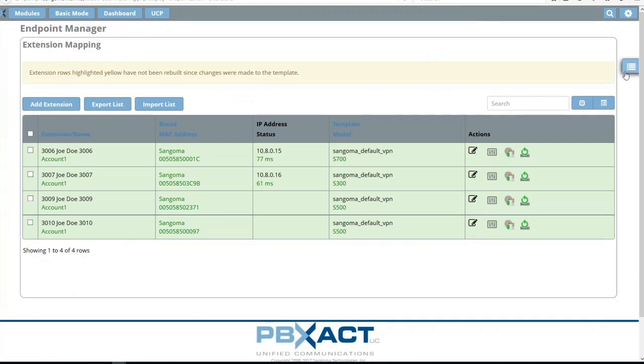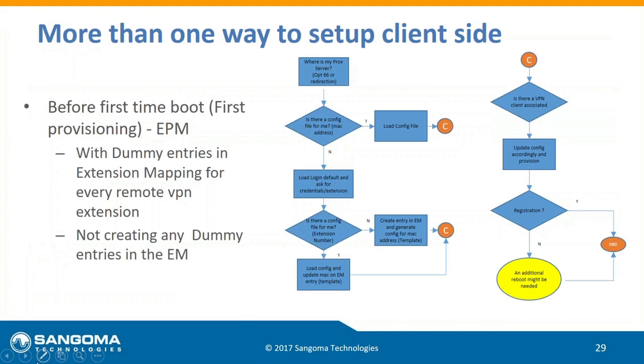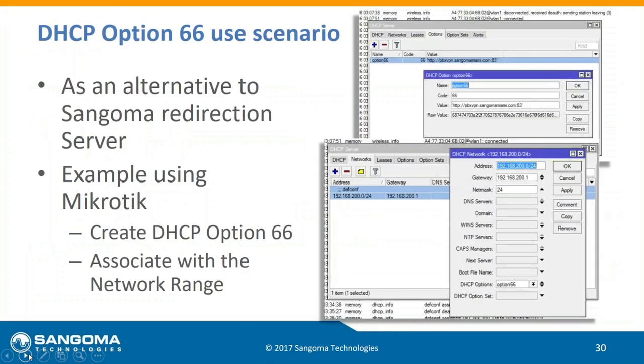Okay, while it finishes, let me go back to the... In case you don't know, but most of you, I'm pretty sure, know how to do it, I just put an example of how to do the option 66 configuration in a MikroTik. Yeah, those are the different screens.